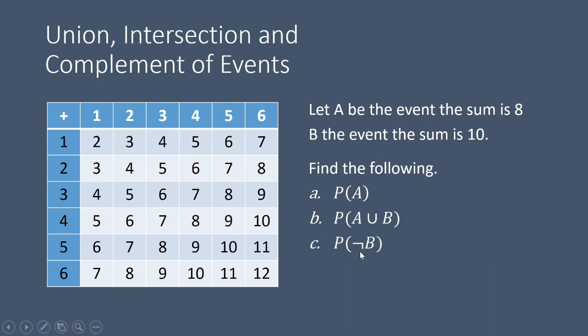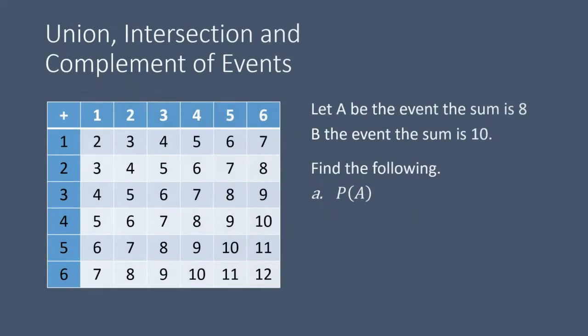That is not B, the event when the sum is not a 10. We will compute for this. What is the probability the sum is not 10? What is the probability that the sum that will appear is neither 8 nor 10?